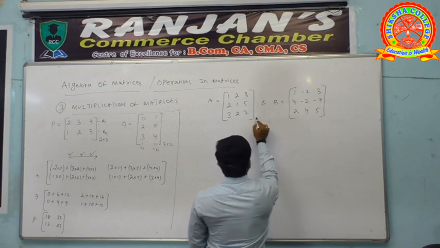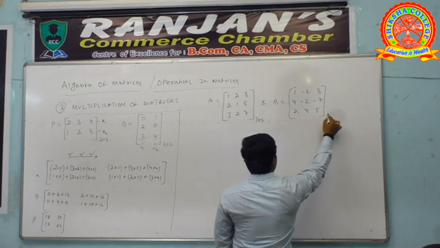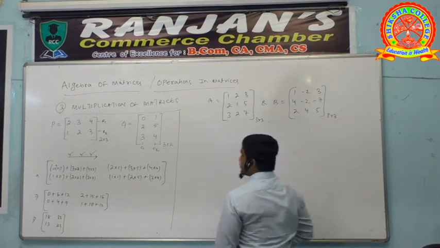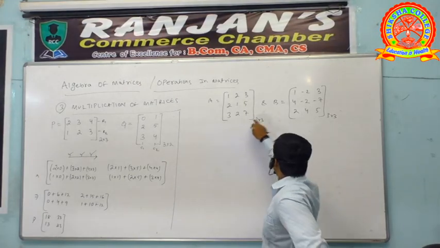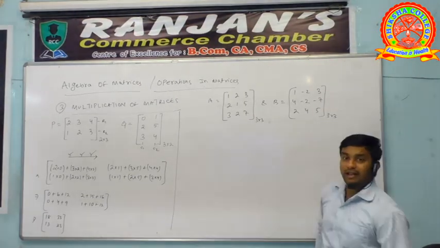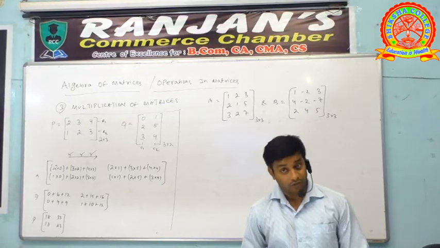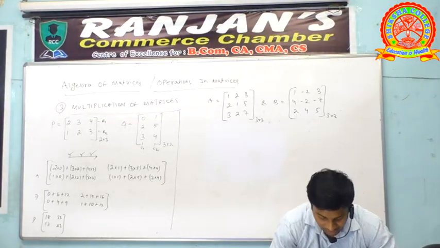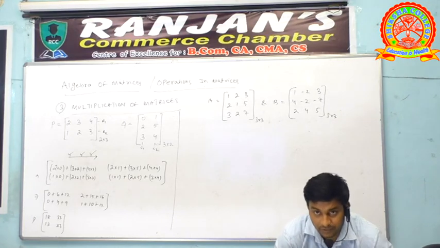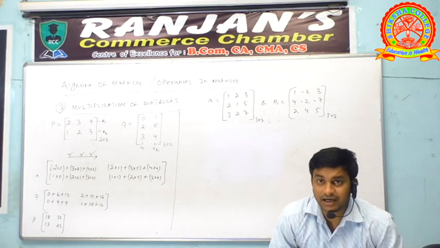This is a matrix of 3 into 3 and this is also 3 into 3. So the number of columns and the number of rows are both equal, and we can do the multiplication of these two matrices. Please consider it.